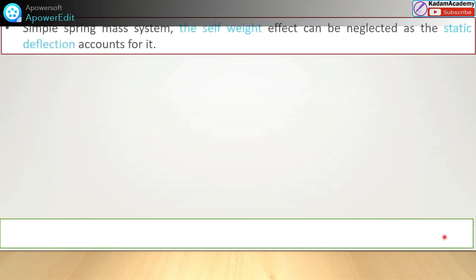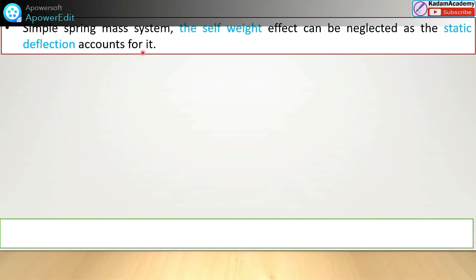We are considering the spring mass system, one of the vibrating systems, as an example to get the equation of motion. Here the self weight of the spring is neglected, and static deflection accounts for it.